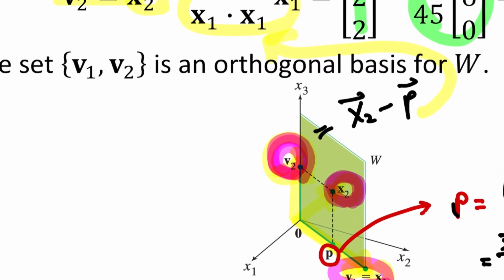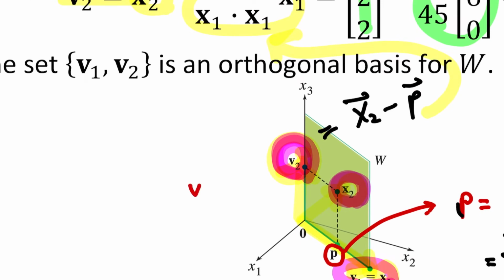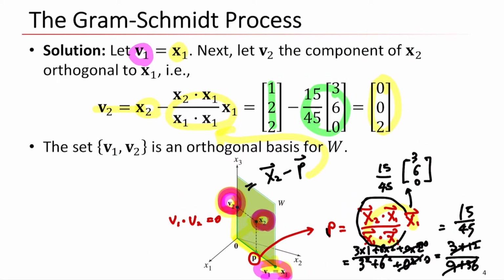So it means that v1 and v2 are orthogonal to each other, right? Also they are a basis, because they are linearly independent of each other.